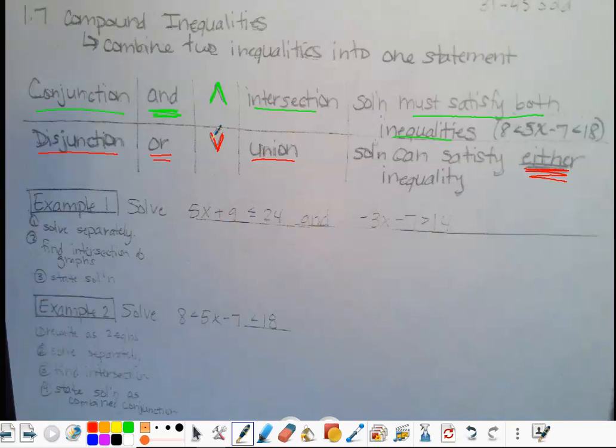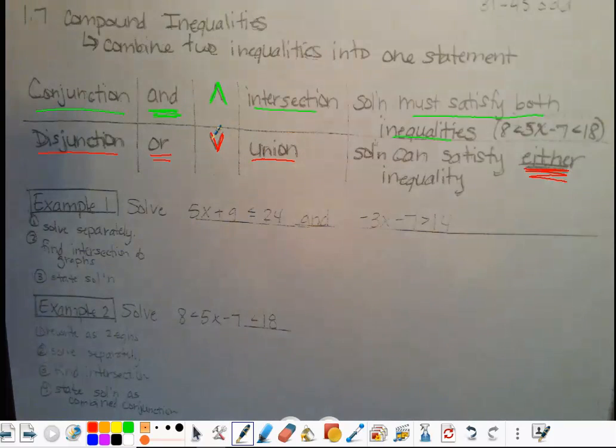In example 1, it says solve 5x plus 9 is less than 24 and negative 3x minus 7 is greater than 14. So we need to solve them separately, just like any equation. We need to get x by itself. We have adding 9 here, so we need to do the opposite and subtract 9 from both sides.